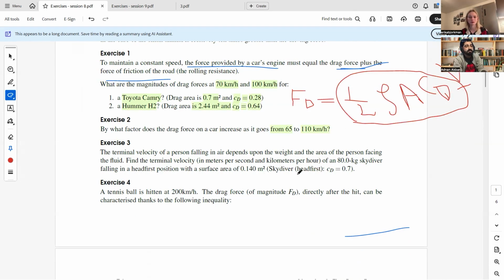So, first of all, we need to write an equation for each speed. For the first speed 65, our relation will become Fd1 is equal to 1 by 2 rho A Cd V square, where V is 65 square.